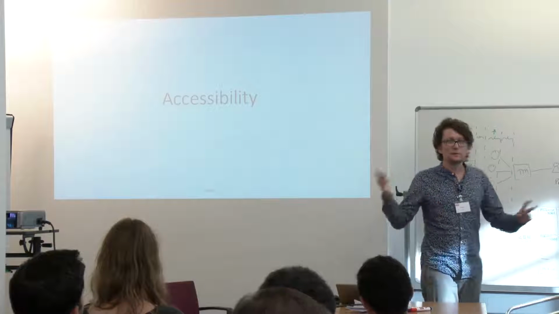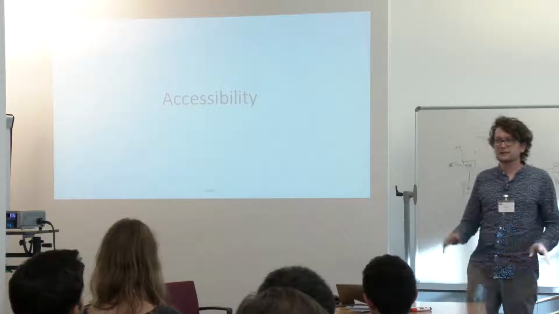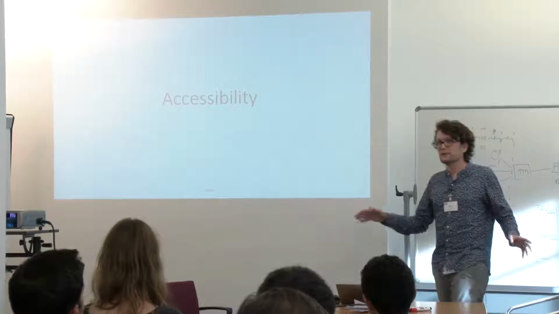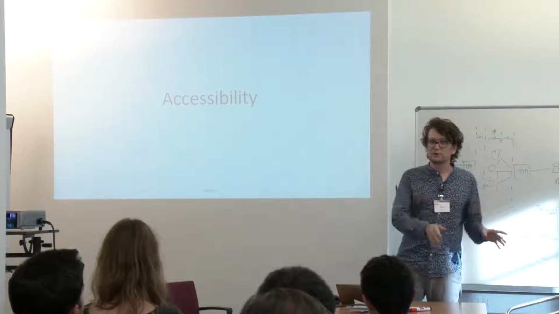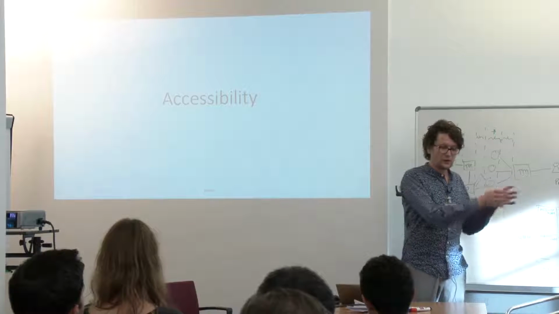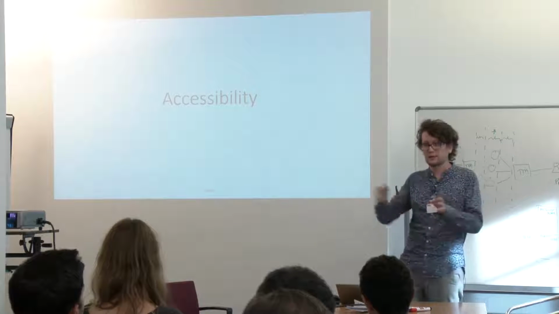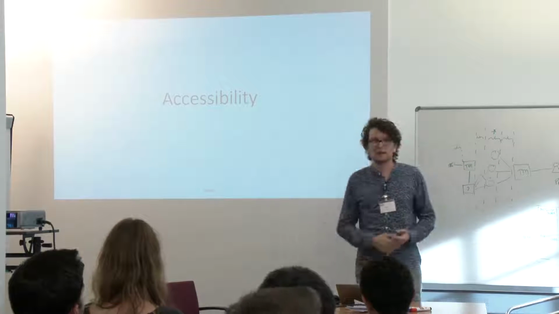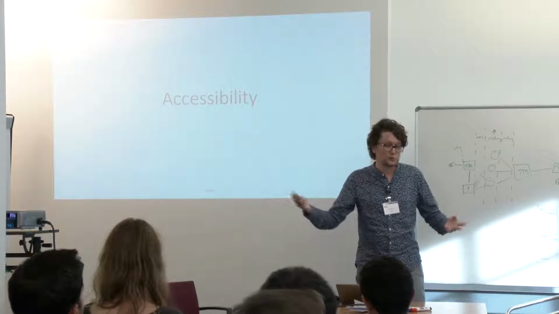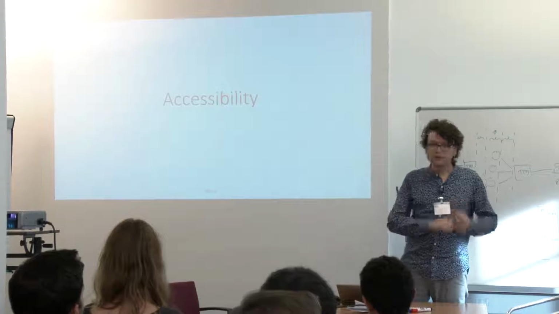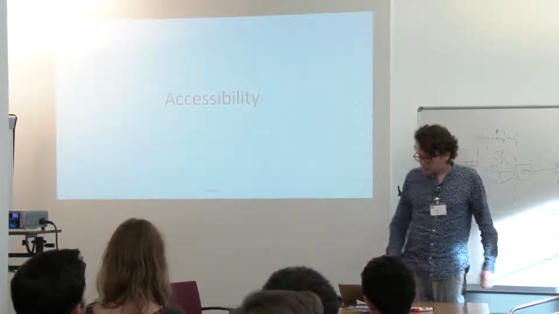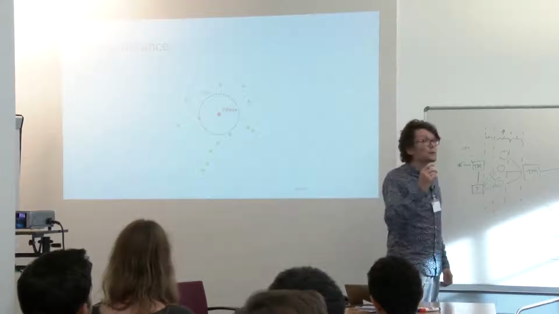I was already talking with people around here, and accessibility is one of those words with many, many meanings. I'm just looking for how long it takes someone to get to the nearest hospital or whatever, and then for the entire region. And there are various ways to do that.